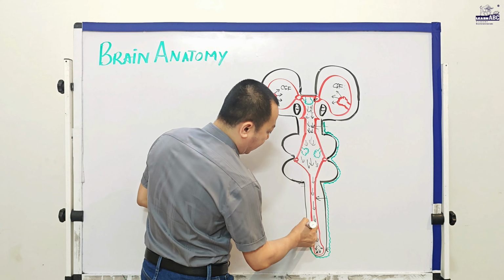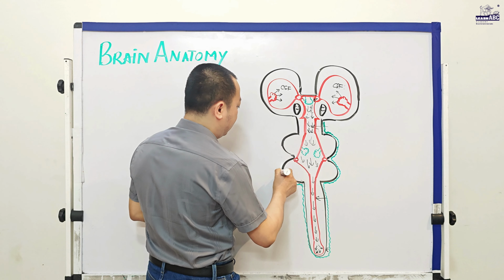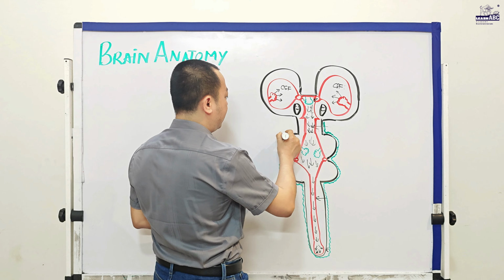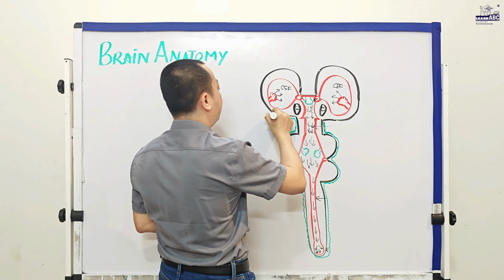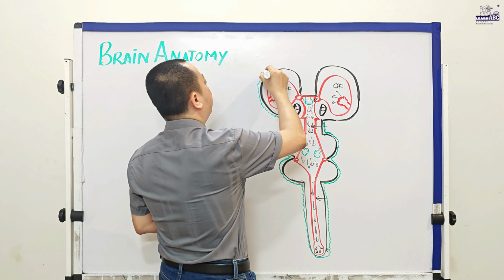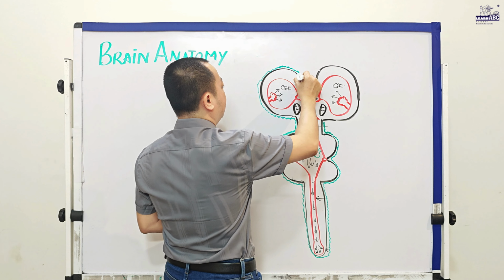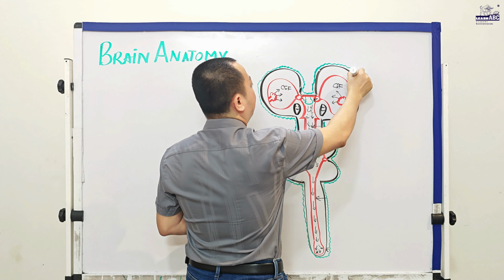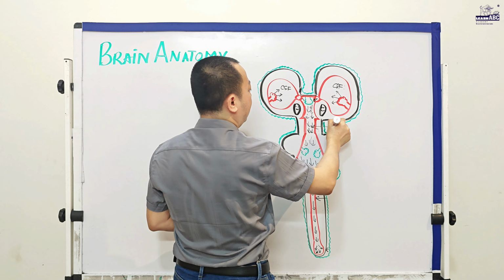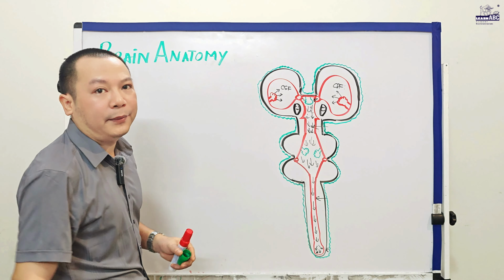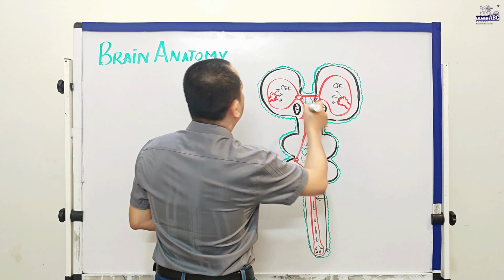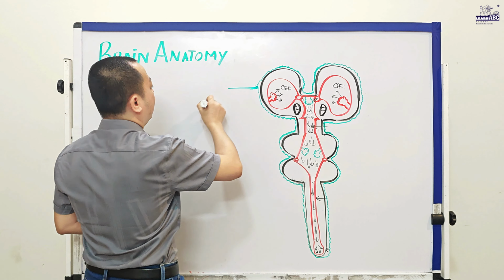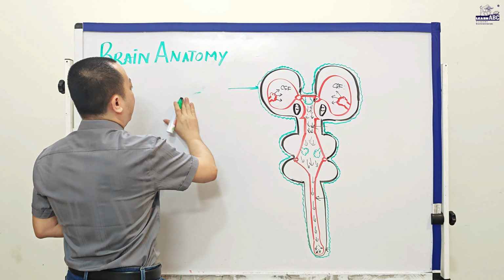The first meningeal layer is the closest to the central nervous system, or the brain substance, and this layer is very close to the central nervous system. This layer we call the pia mater.